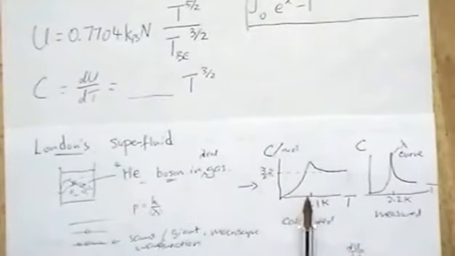So I said that London made use of this result for the heat capacity of a gas of bosons.